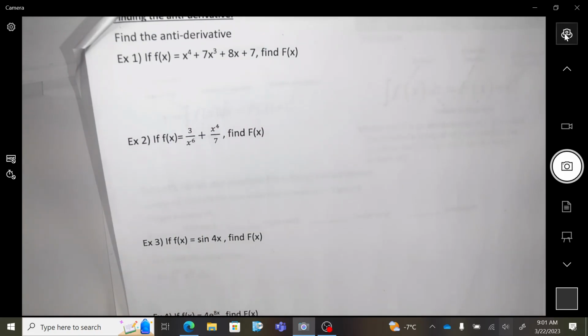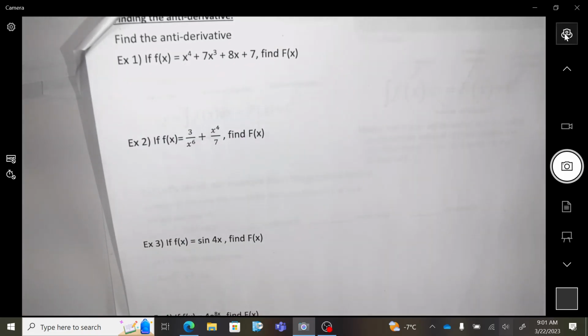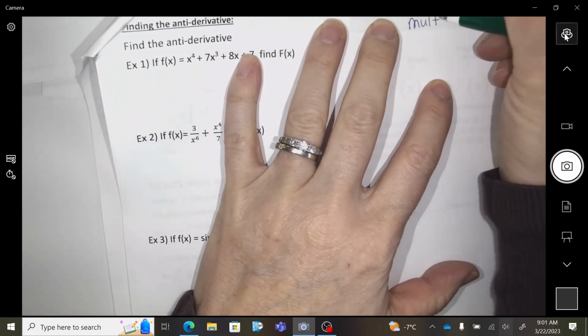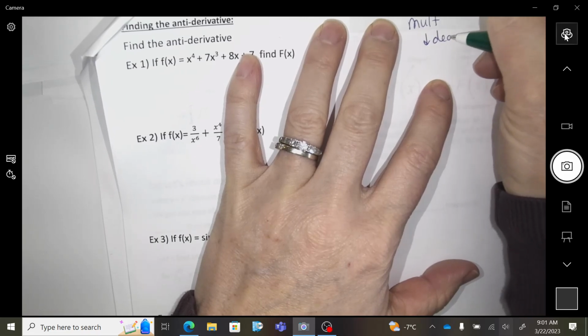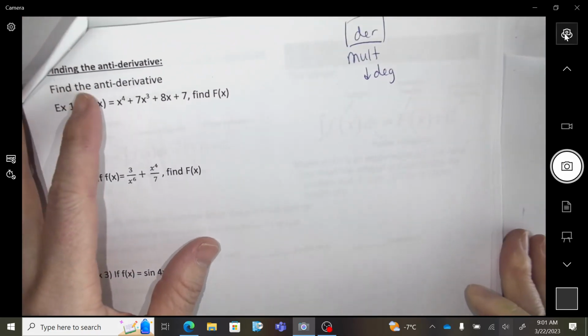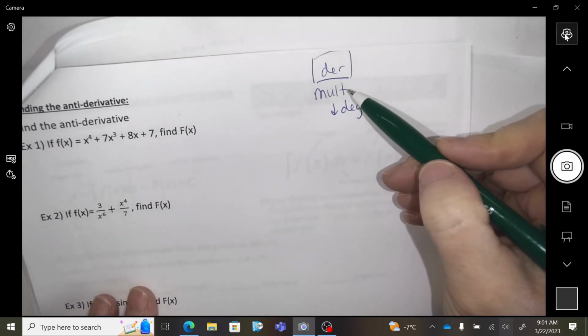So think about what we did before. When we were doing this type to derive it, we multiplied and went down. This is what we did to derive. We multiplied, right?